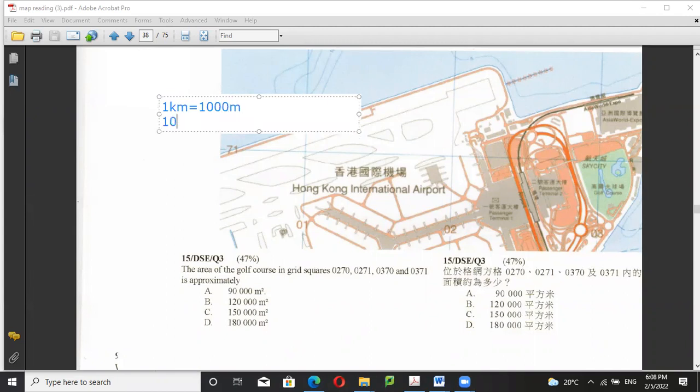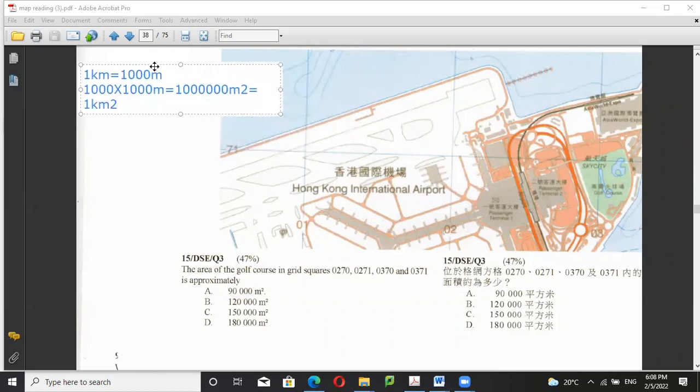Then 1,000 meters times 1,000 meters equals how much? 1 million, isn't it? 1 million square meters equals 1 square kilometer. Bear in mind, if you are really weak at mathematics, bear in mind this: 1 million m square equals to 1 km square. Then you can just adjust.